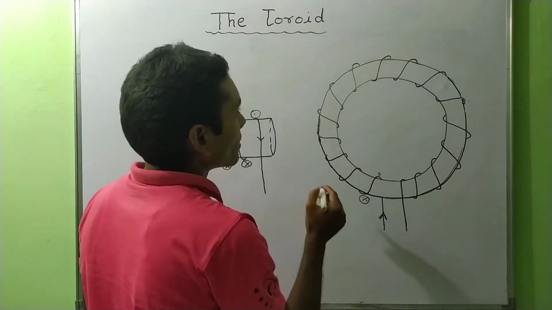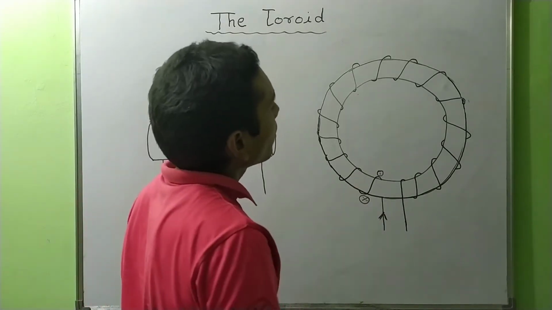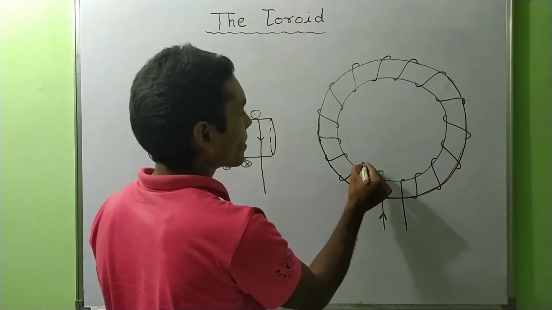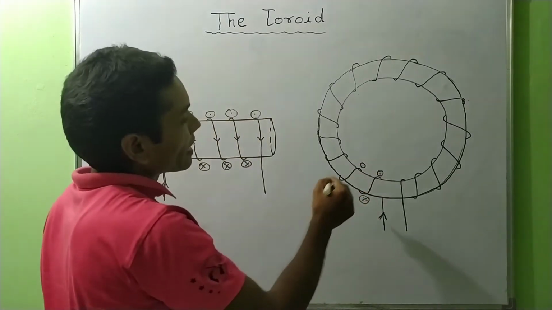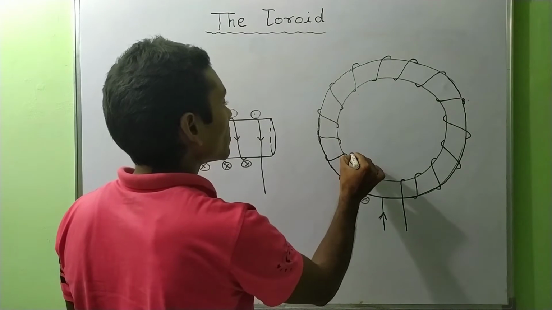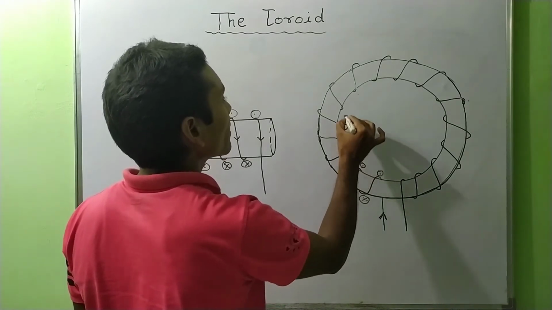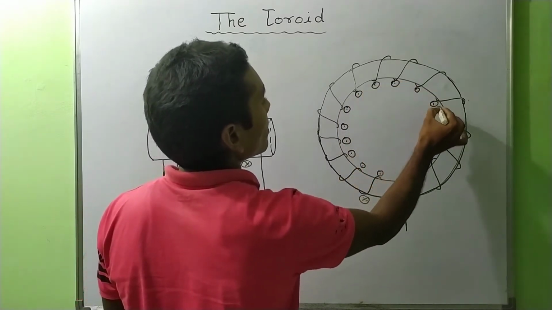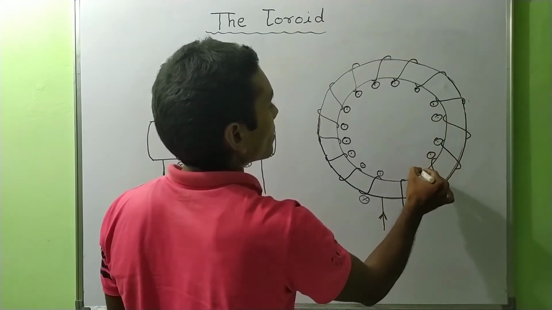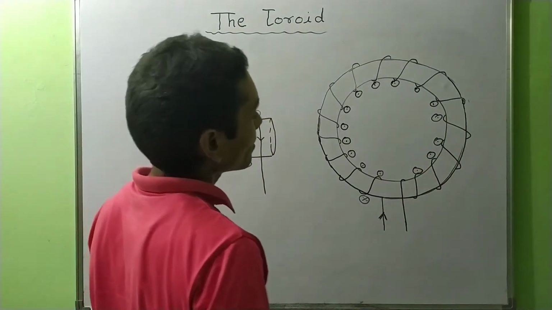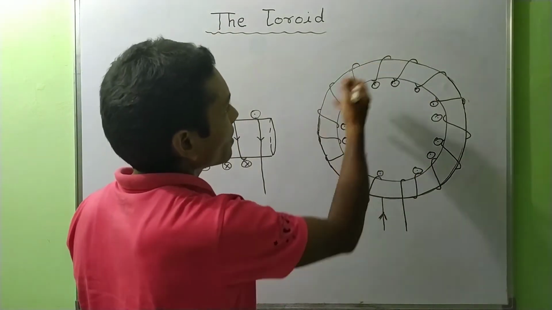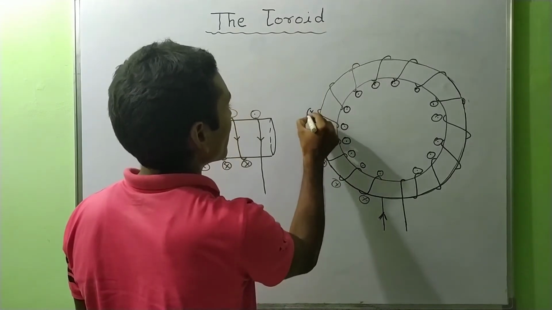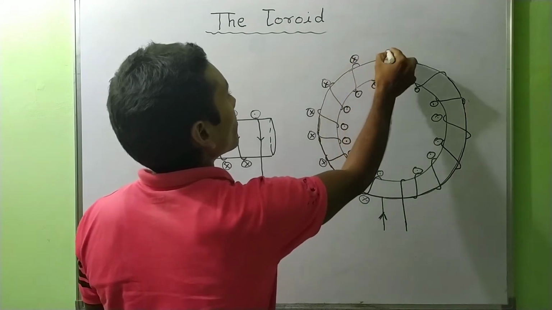Similarly, the direction of current for each loop will be upward at the interior edge of this toroid, and it is denoted by a dot sign like that. And the direction of current at the outer or exterior edge of this toroid will be inward, and it is denoted by a cross symbol.